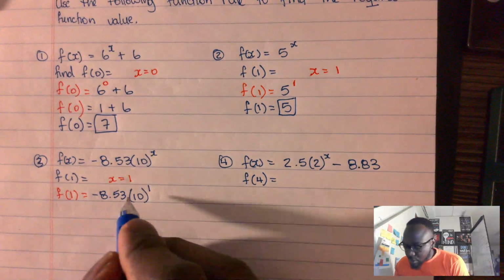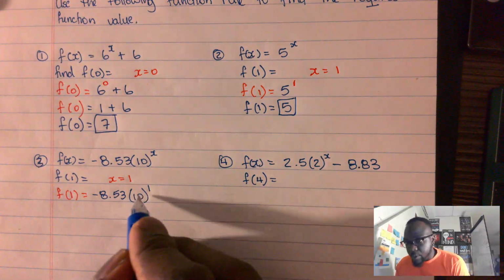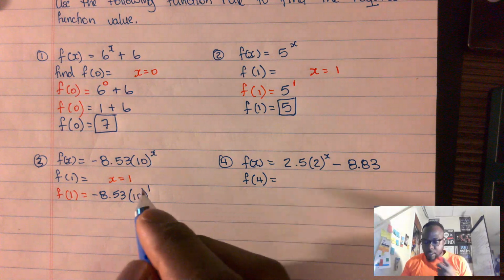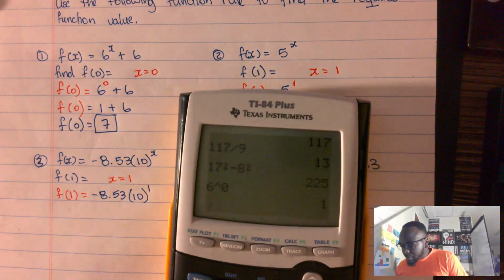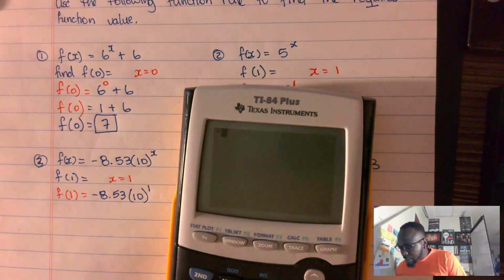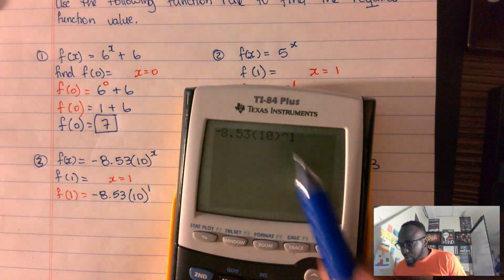Remember, you have to do this part first, so 10 to the 1 is 10. So now I'm going to say negative 8.53 times 10. I can do it that way because I know 10 to the 1 is 10.